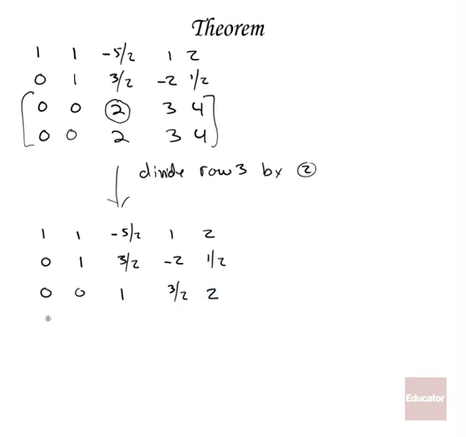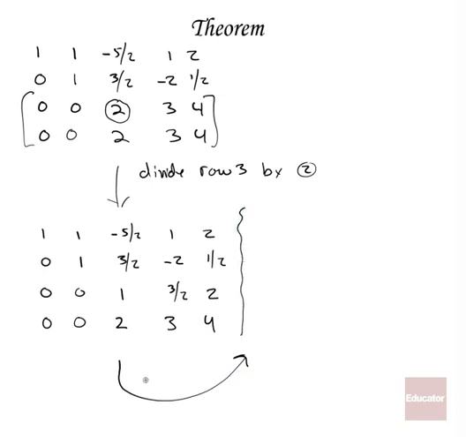And then we have 0, 0, 2, 3, 4. Okay, so now I am going to go this way just to create a little bit more room.